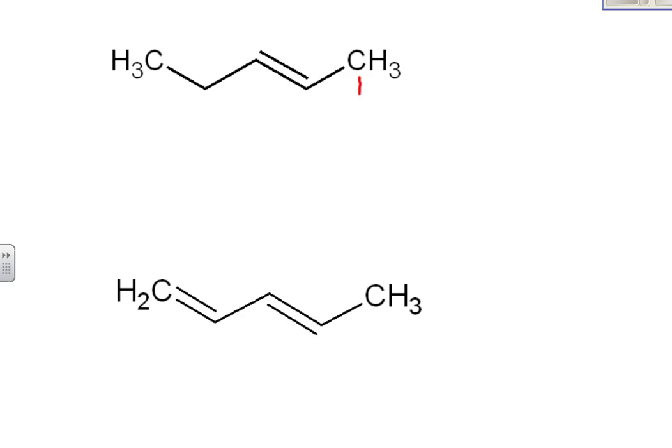So for instance, up here we'd have 1, 2, 3, 4, 5, and the double bond starts on the 2nd carbon. So this would be called 2-pentene. That ene ending is the indication that there's a double bond, and the 2 tells you that the double bond starts on the 2nd carbon, so it's between the 2nd and the 3rd. So you'd number it with the lowest carbon.